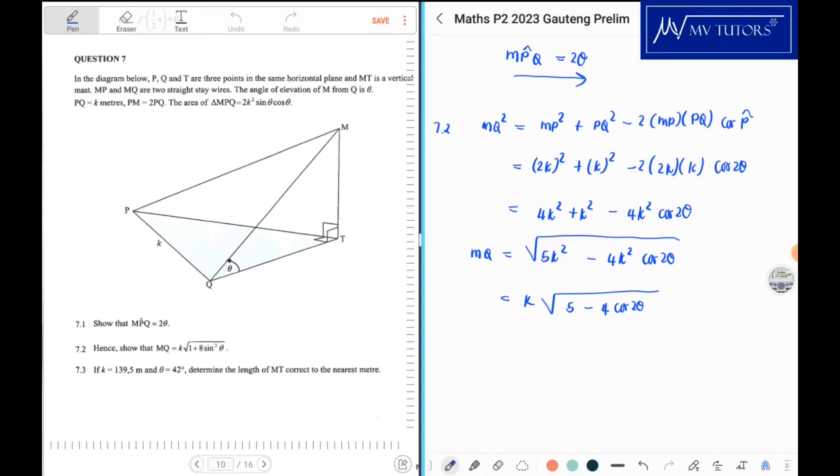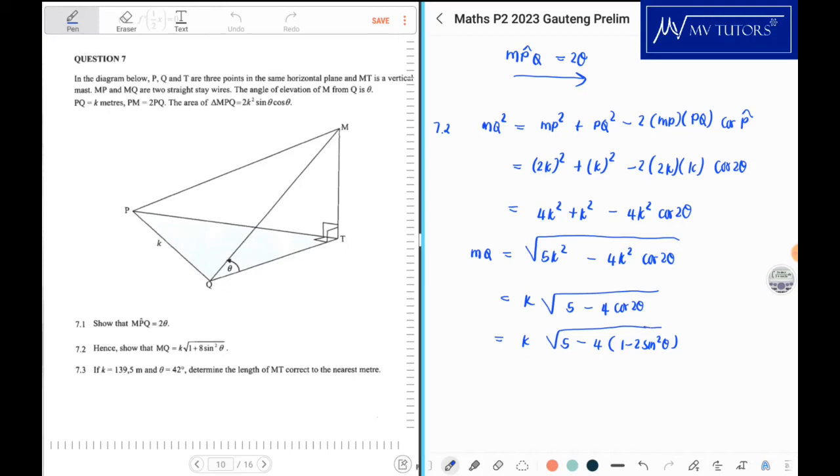Okay, so let's see. I don't have a cos 2 theta in my answer. I have a sine squared. So now I need to change this cos 2 theta to something that I am familiar with, as long as it has a sine squared in it. All right, so I'm going to go with the double angle for cos 2 theta, 1 minus 2 sine squared theta.